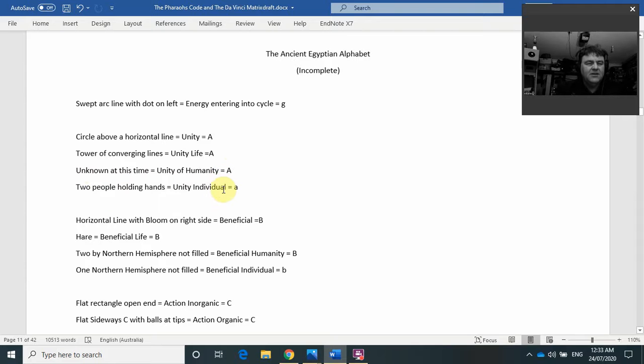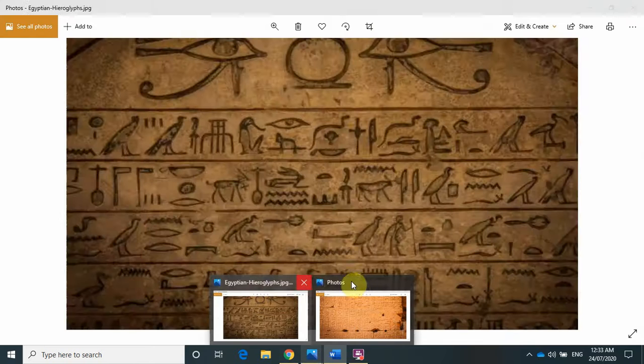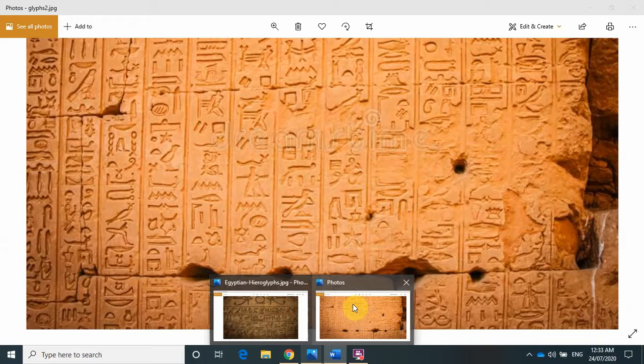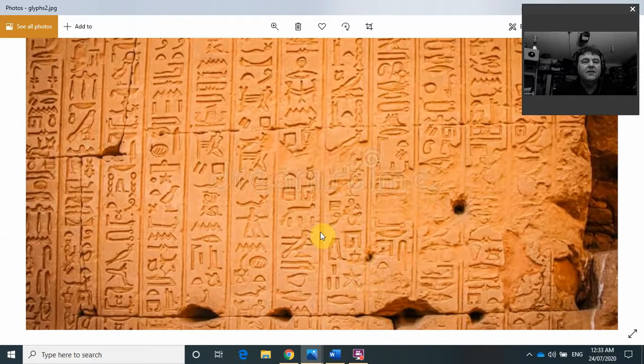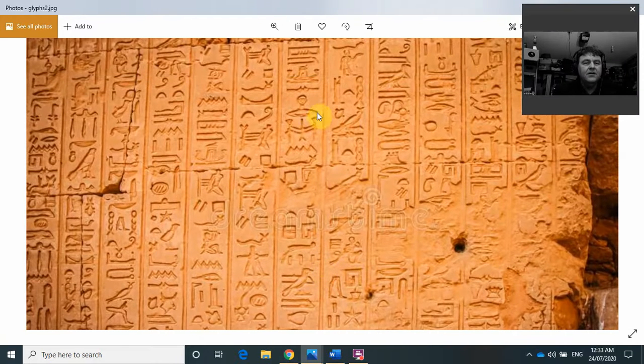And for the unity of an individual, or individual unity, I believe it's a picture of two people who are joined holding hands. I'm working with that concept at the moment, and this all is a working theory. So it would look something like this image at the top here, just in this section, where we've got two sort of stick figures here and their arms coming together and joining.